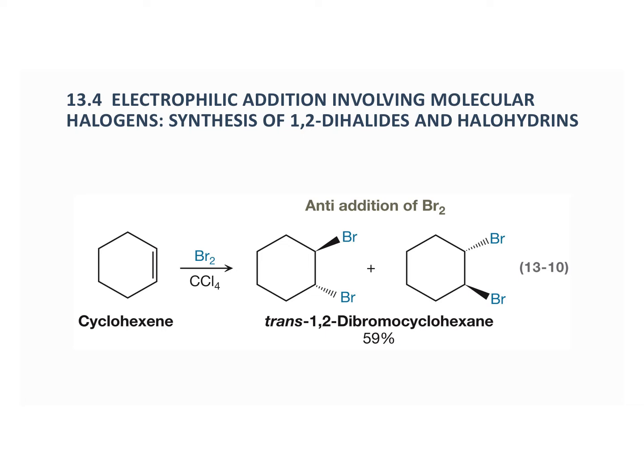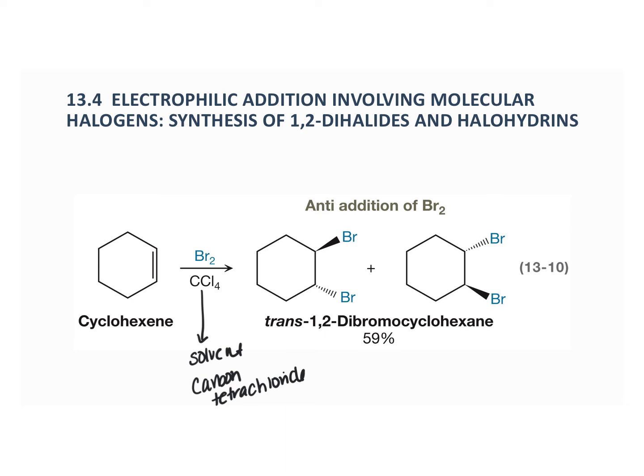So, for example, when you have cyclohexene treated with molecular bromine, Br2, and tetrachloromethane, this is just our solvent, okay? This is also sometimes called carbon tetrachloride. It's honestly more often called carbon tetrachloride, just FYI.